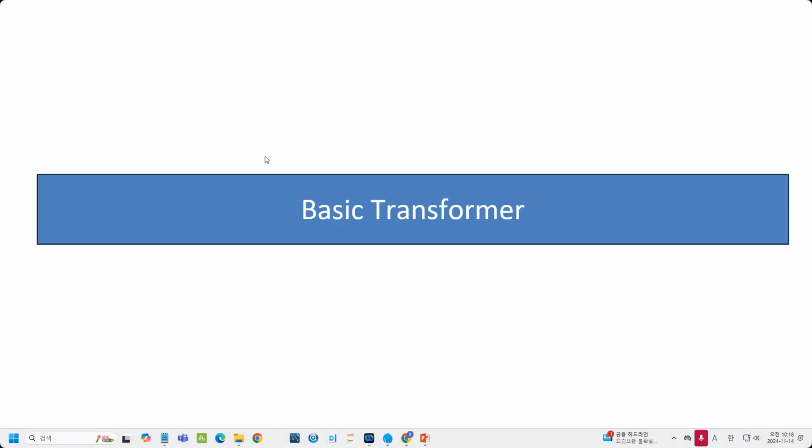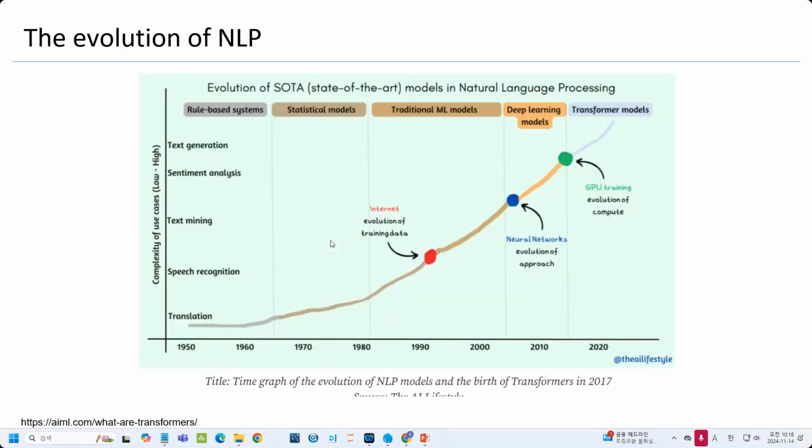So I will explain about the basic transformer. When we are in NLP, natural language processing, you learn a lot about the traditional machine learning models. So we learn the very basic one, which is based on the statistical models.